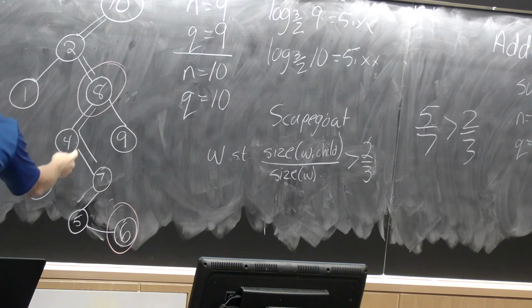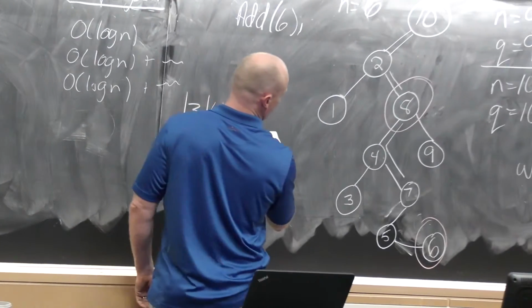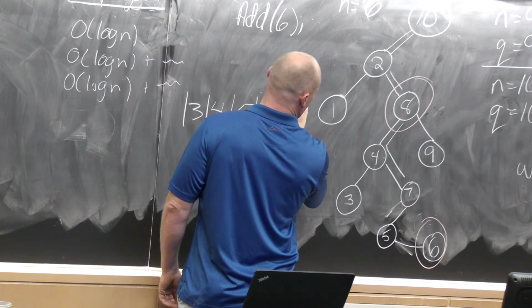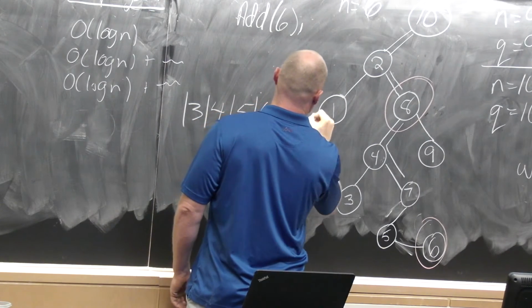Now we do an in-order traversal. That will give us, reading all your elements into an array, 3, 4, 5, 6, 7, 8, 9.